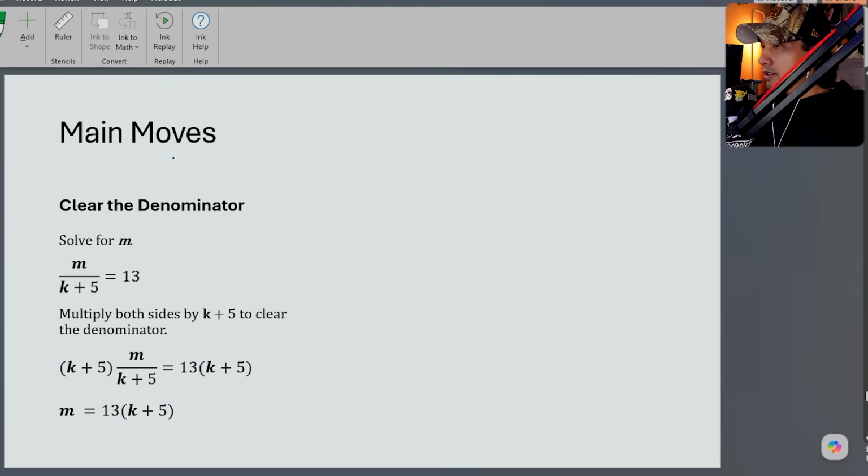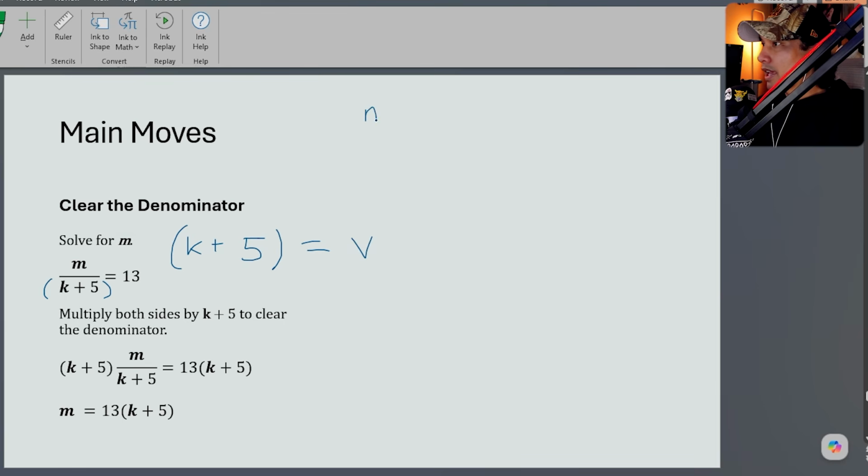Okay, next move, clear the denominator. So solve for m, and we have m over k plus 5 equals 13. So we need to isolate the m, okay? And in order to do that, we must clear the denominator. So I would treat this k plus 5 as one term. Let's say k plus 5 equals v, right?